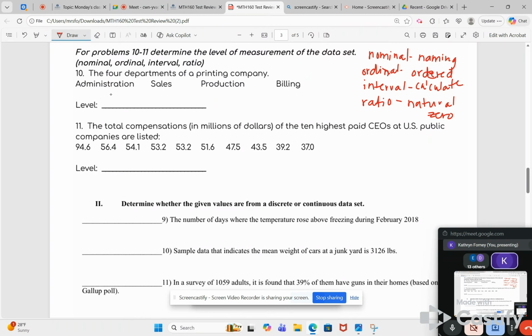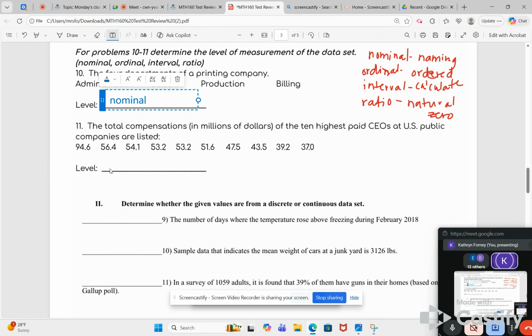All right. So this first one says the four departments of a printing company: administration, sales, production, and billing. Would that be nominal, ordinal, interval, or ratio? Nominal. It's just the names, the categories. Now, this next one says the total compensation of people.